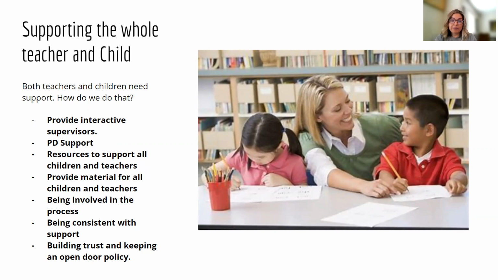I've seen some teachers ask, how do you not have funds? You're a school. But each school is different. Funds are different. If it's private versus public, very different. So in order to support the whole teacher and child, budget and materials are definitely needed. And then being involved in the process. We all need to be involved in that process.